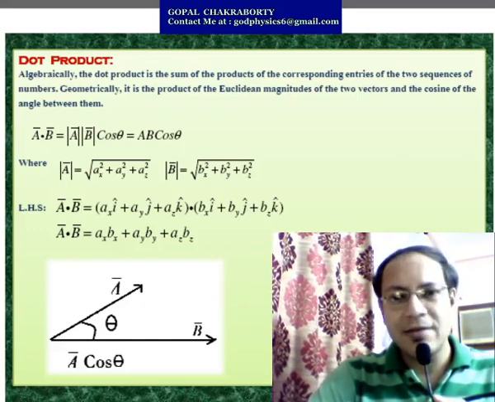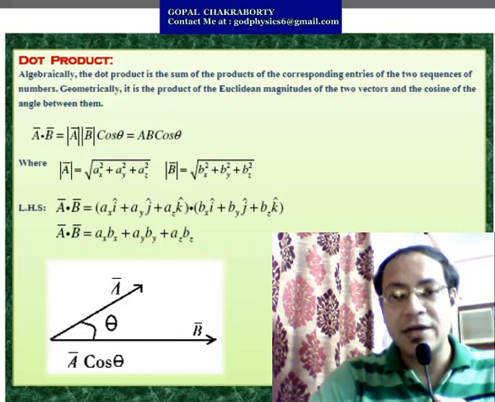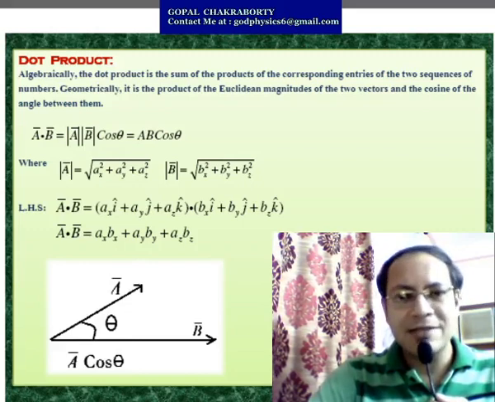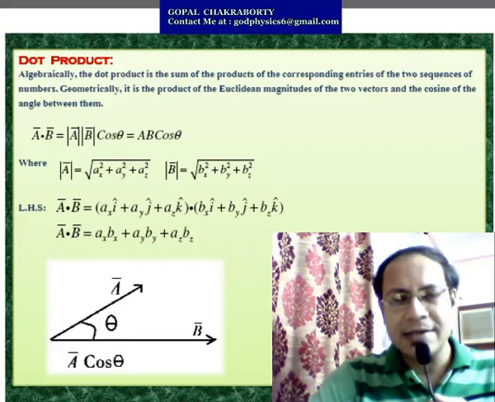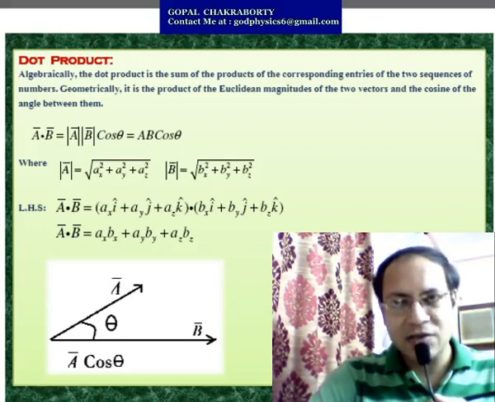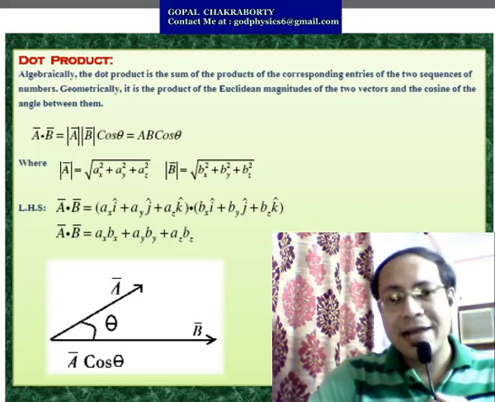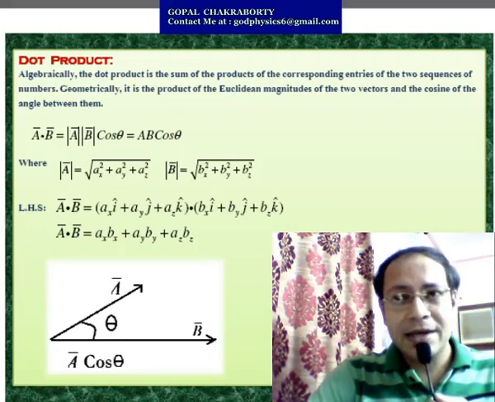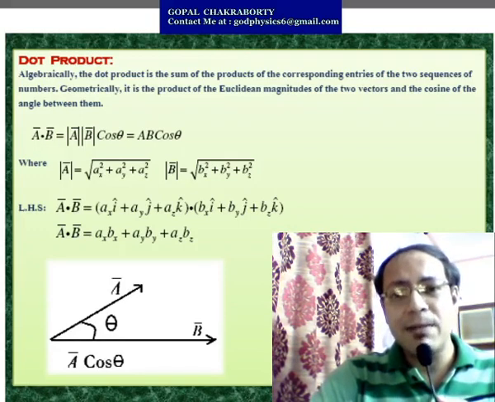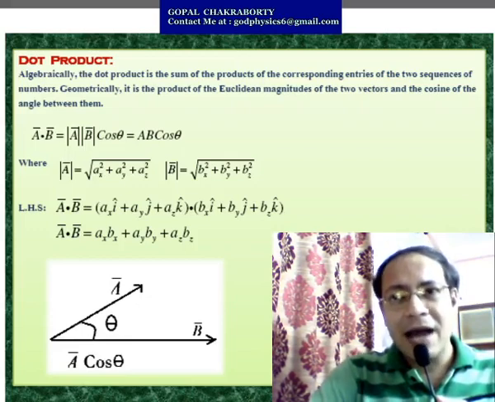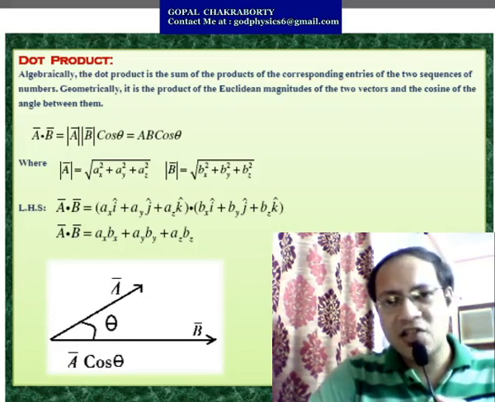So first I will discuss how we are going to calculate the dot product. On the right hand side you can easily find the magnitudes of A and B by this formula, as we applied before, that is under root ax square plus ay square plus az square, similarly also for B. And on the left hand side, A dot B, if you do the simple multiplication you will find terms like i dot j or i dot k.